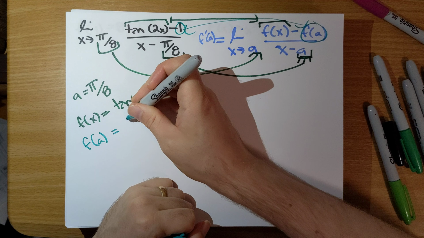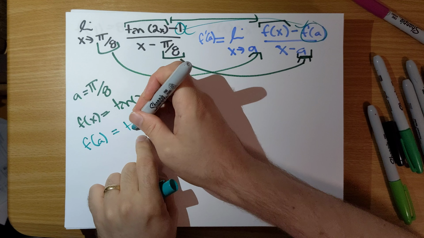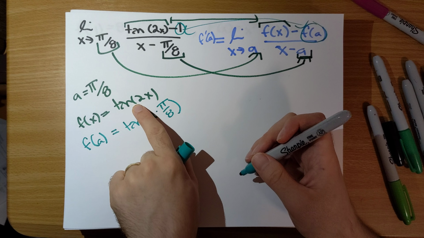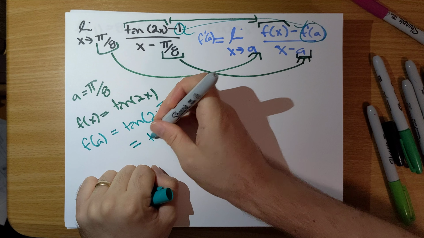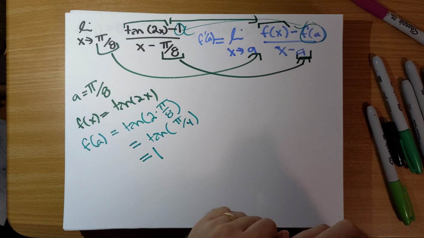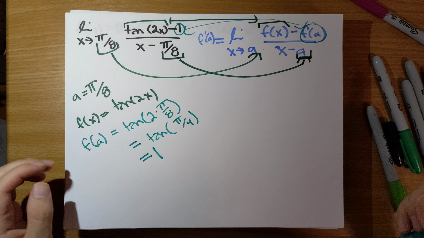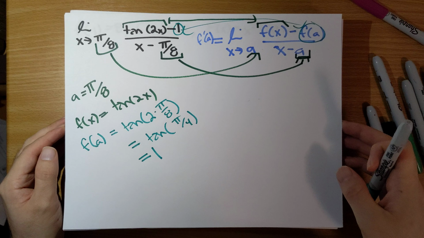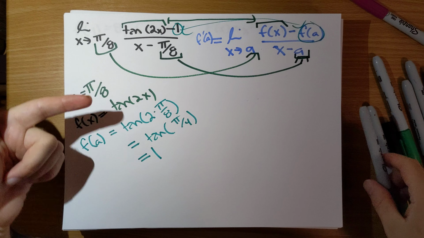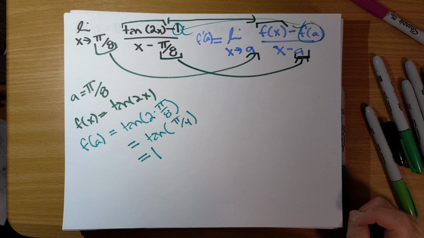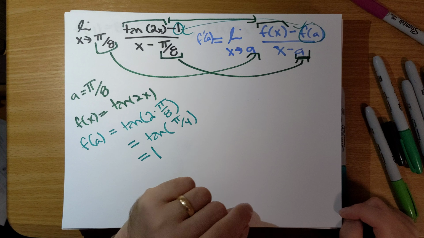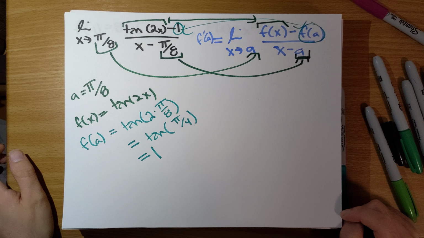F of a is tangent of 2 times pi over 8, using this as our f of x and this as our a. So this is tangent of pi over 4, and this is a very good trigonometric function value to know. Tangent of pi over 4 is 1. So yes, everything checks out here. This is the limit definition of the derivative for the function tangent of 2x, at the point a equal to pi over 8.